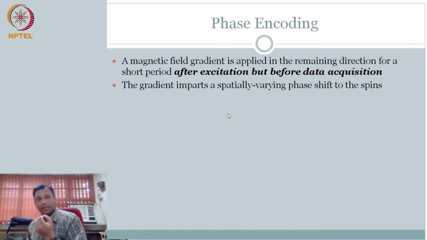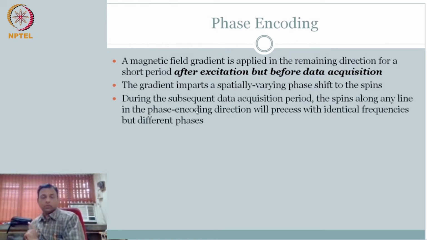What happens if you do that? Same concept. If you apply a gradient in your magnetic field, then the gradient is going to give a spatially varying phase shift to the spins. So you give a deliberate phase shift in the y direction, that is, from one end of the y axis to the other end, everything is at a different phase.